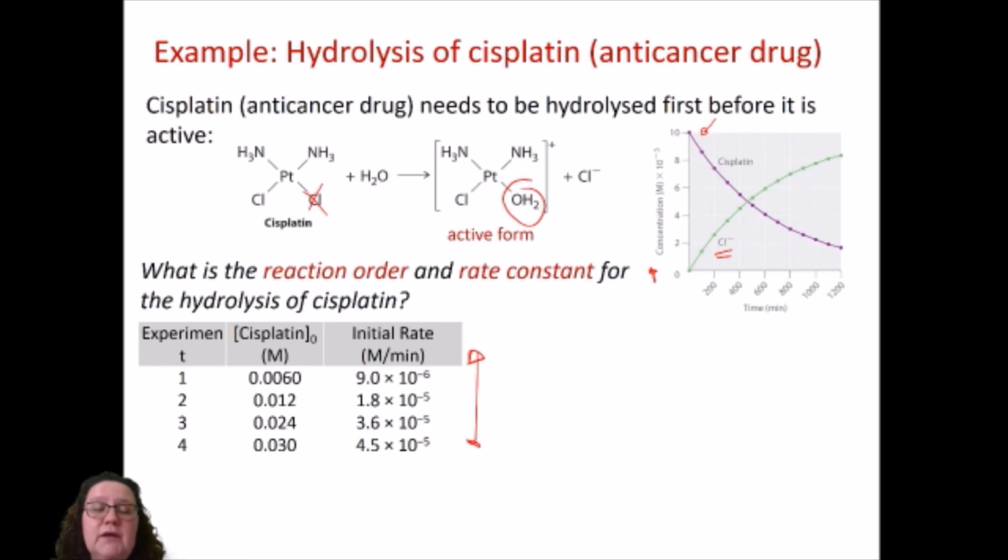Or you can look at the initial reaction rates when the concentration was changed and see if you can work out whether the rate is affected or is proportional or is double, etc., to work out the reaction order. So stop the video now, please.